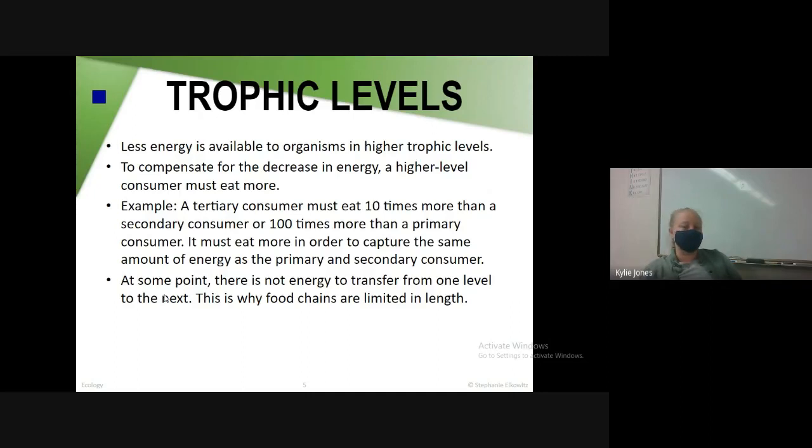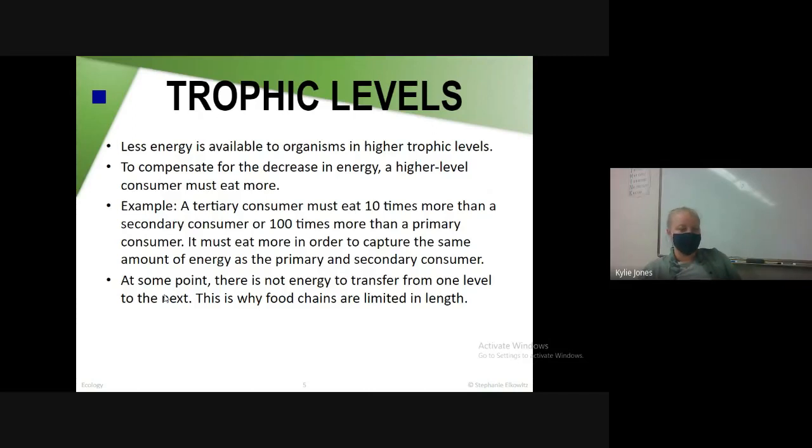So for example, a tertiary consumer must eat 10 times more than a secondary consumer, or 100 times more than a primary consumer. It must eat more in order to capture the same amount of energy as the primary and secondary consumers. So if you think about a lion or a tiger, they're at the top of the food chain. They eat a lot of food because they need more energy, because each thing that they eat does not have that much energy in it.